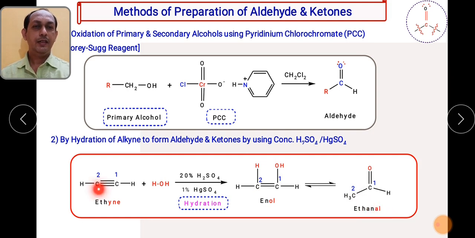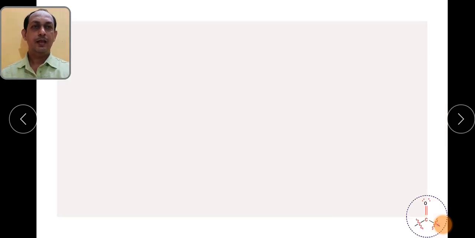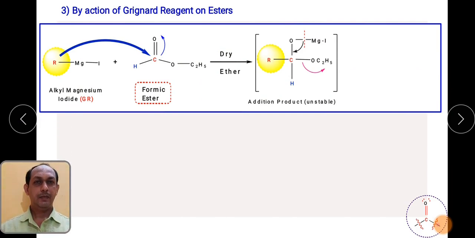Here, a 2-carbon alkyne gives a 2-carbon aldehyde. Remember, the addition of water takes place as per the Markovnikov rule only. If you go for higher alkynes, you can also prepare ketones by this method. Next is the use of Grignard reagent for the preparation of aldehydes and ketones.